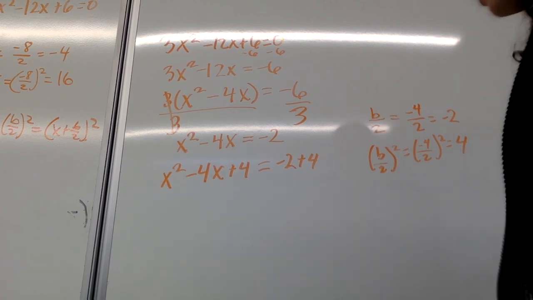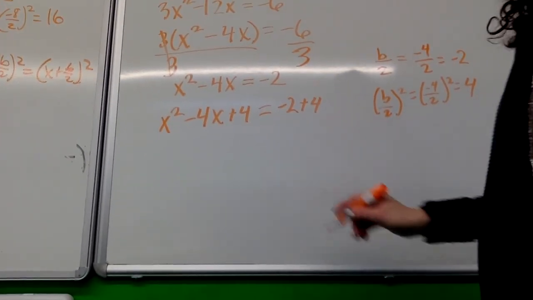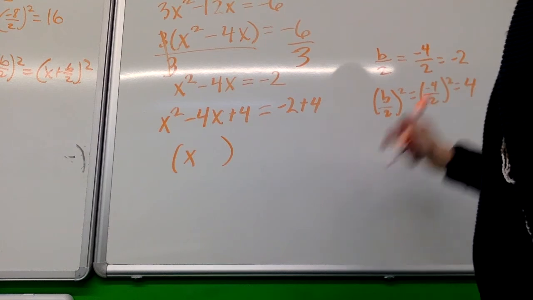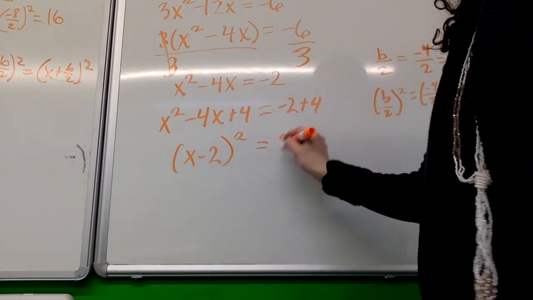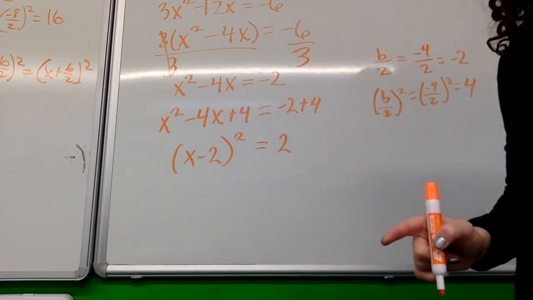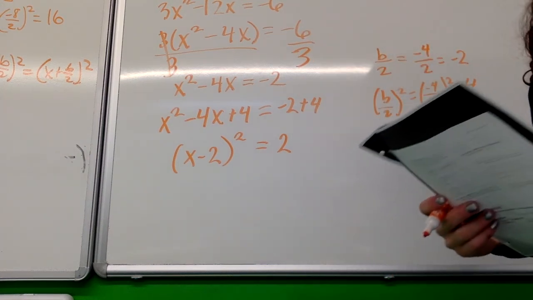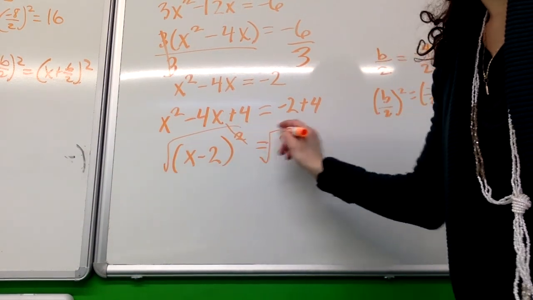And then I need to write this in the new form. Remember the form is x plus b over 2, which is negative 2, squared equals 2. It simplifies to 2 on this side. And then we can just start solving it from there. So we can take the square root of both sides.